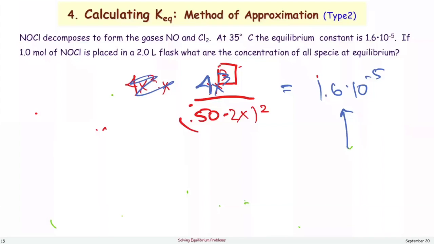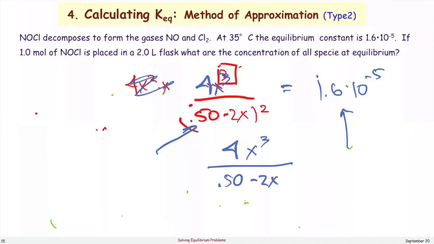You can't say that x here is 0, because if x is 0, that means the reaction never starts. What you need to say is that my product is going to be defined by this x term, but in the bottom, the denominator, remember that's your reactant. 0.50 is how much we start with, minus 2x.